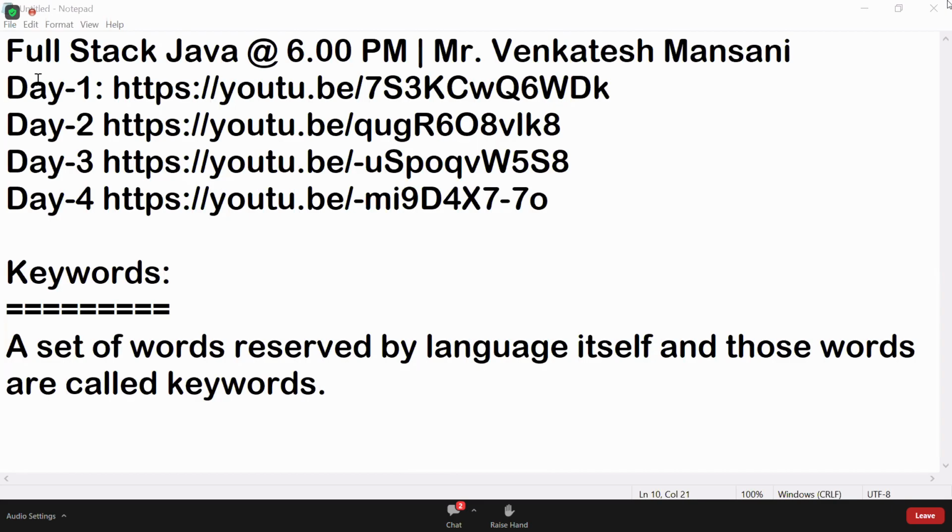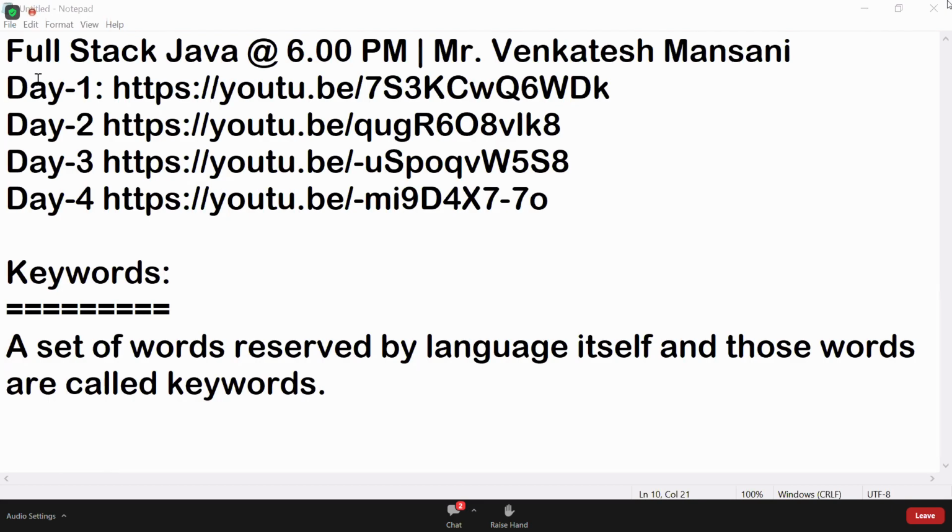Writing program purpose, some words are there. Those words we can call as keywords. For identification purpose, we are going to write some words.